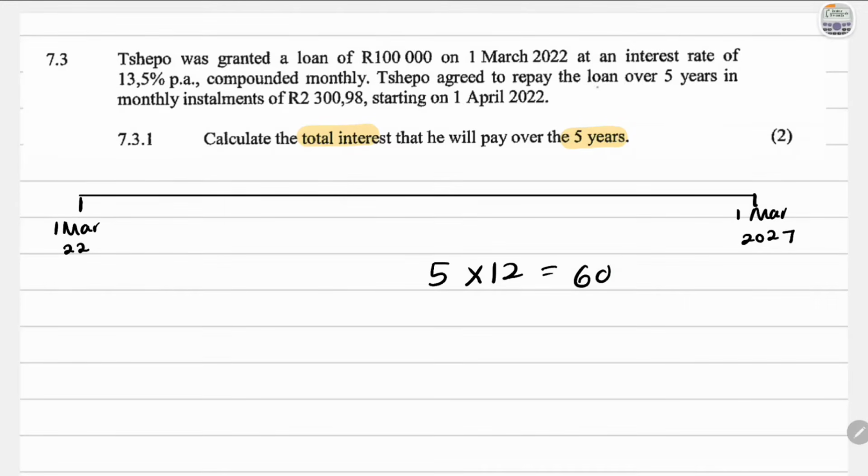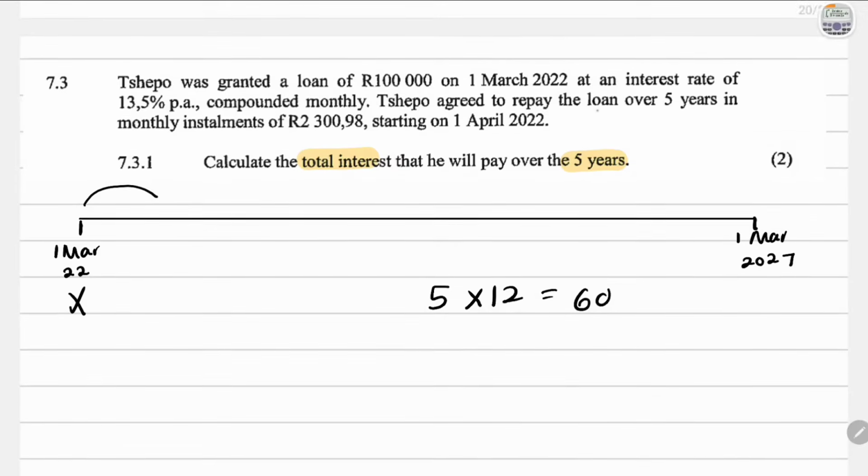It still has to be 60 payments, regardless of the fact that he naturally starts 1 month after, because that's how the present value formula works. They get a loan and then they start paying the next month or the next quarter, depending on the compounding period that you have. So for him to actually pay the full 60 payments, he has to finish on the 1st of March 2027.